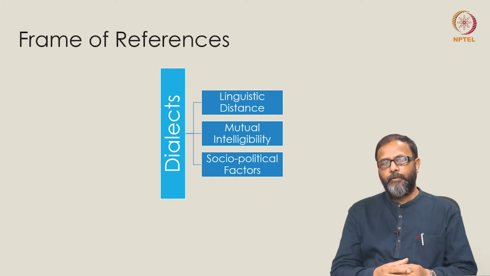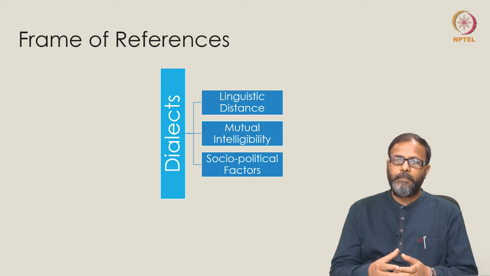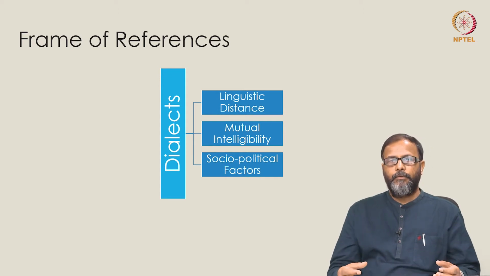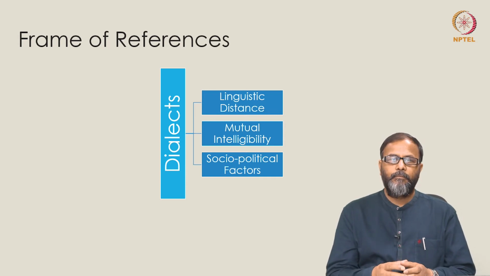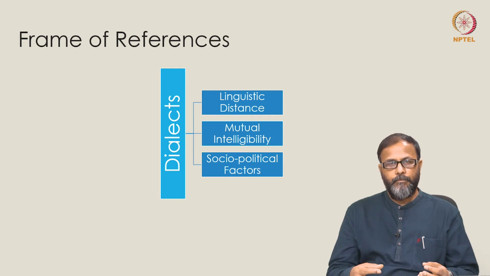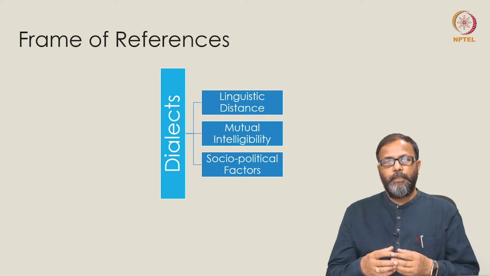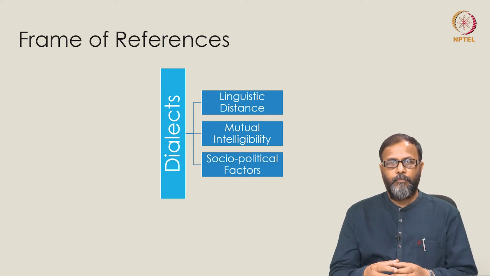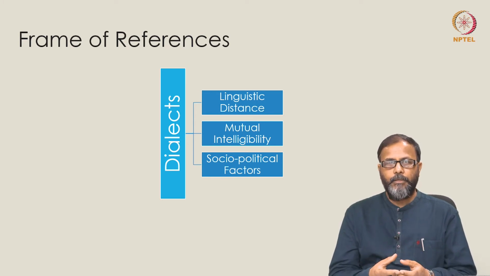The second frame of reference is mutual intelligibility. To what extent are two varieties of a language mutually intelligible? Speakers of both varieties understand each other, though they use two different sets of variables in their language. Communication is not blocked, and they can communicate, share, and interact comfortably.